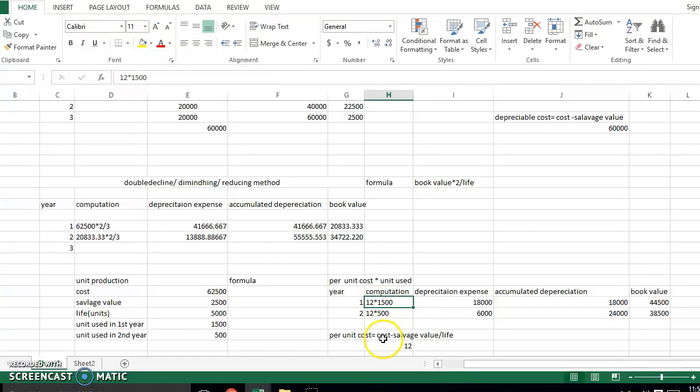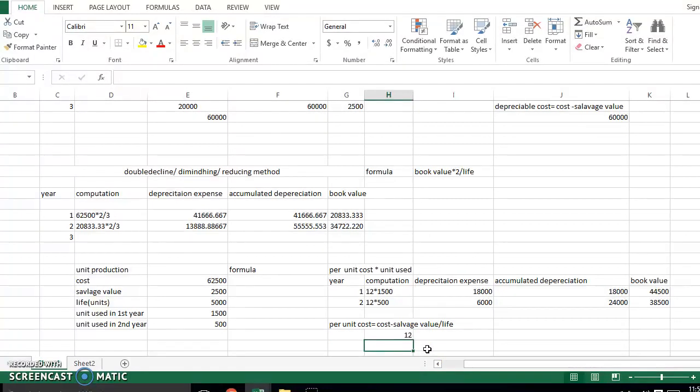We need to calculate it with the help of this formula: cost minus salvage value divided by the life in terms of units. If we subtract 2,500 from 62,500 and divide by 5,000, it becomes 12. Now we need to put it here. We get the depreciation of both years.